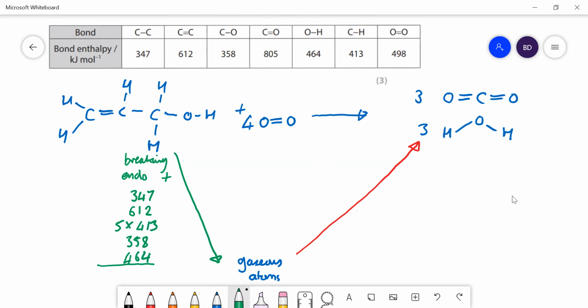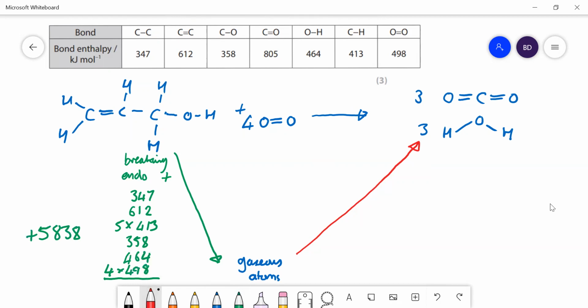If you add all that lot together, you get 5,000. Oh, and don't forget the oxygens as well. Put in my oxygens there, 4 times 498 for the oxygen double bonds. That comes to a total of 5838, and that is positive because it's breaking bonds, it's endothermic.